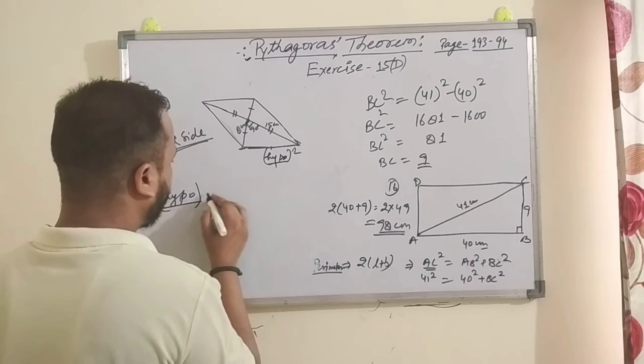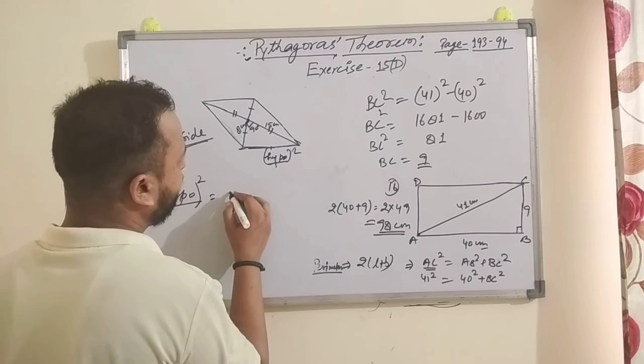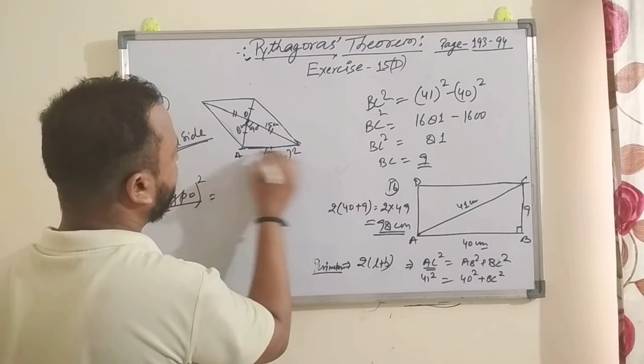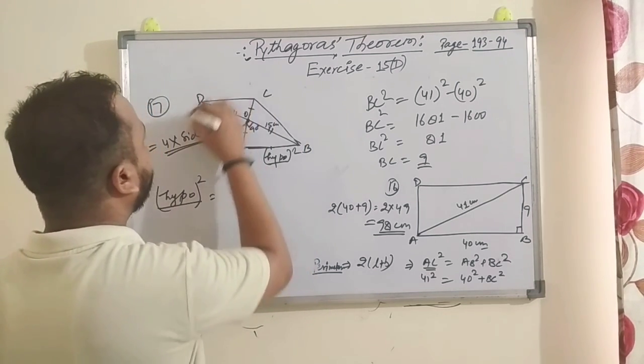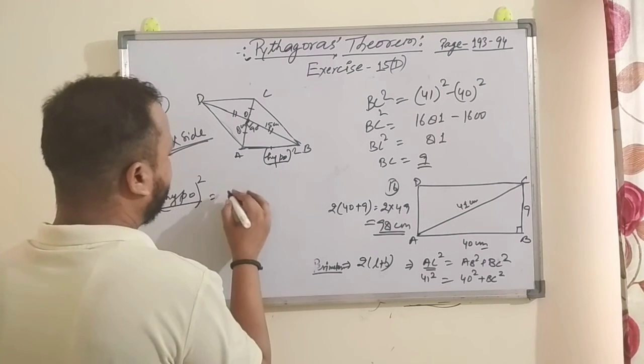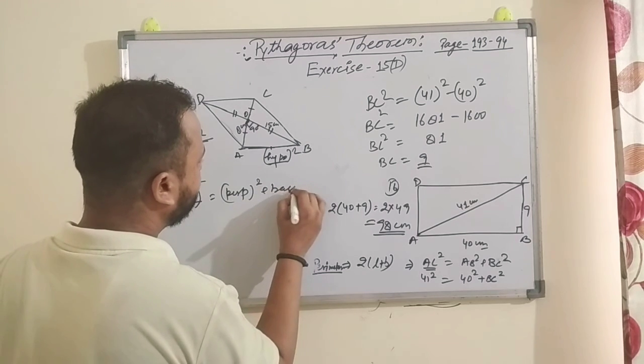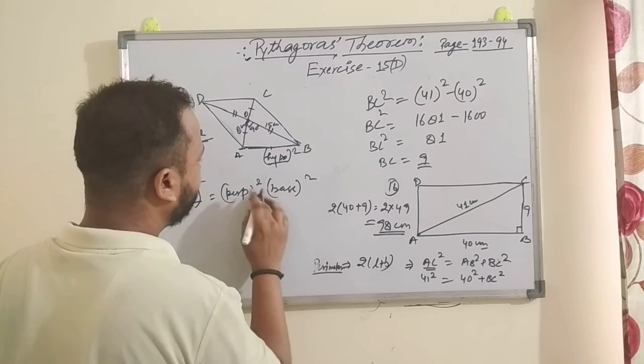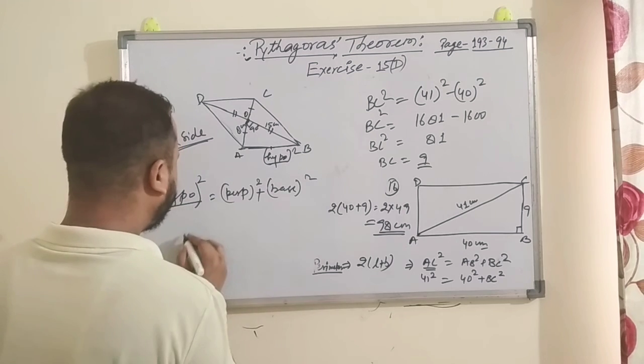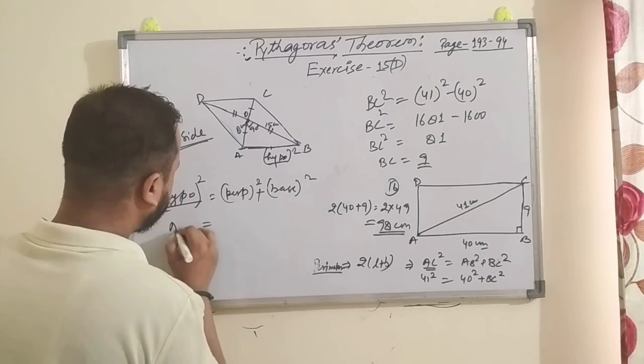So the side is the hypotenuse. So hypotenuse square is equal to, if this is O, A, B, C and D, perpendicular square plus base square, the Pythagoras theorem. Apply these values. So hypotenuse square means AB square.